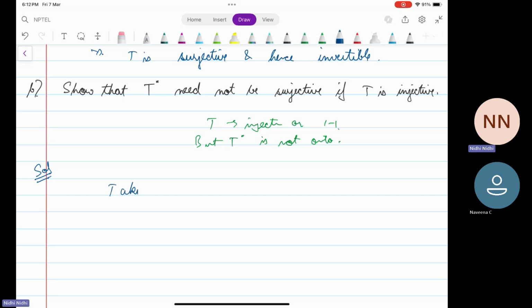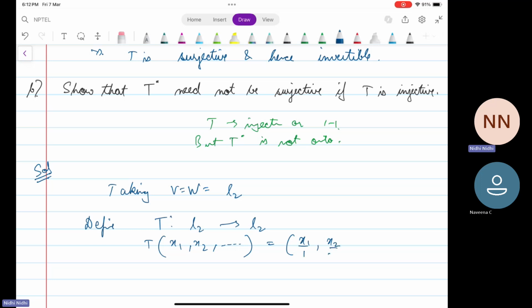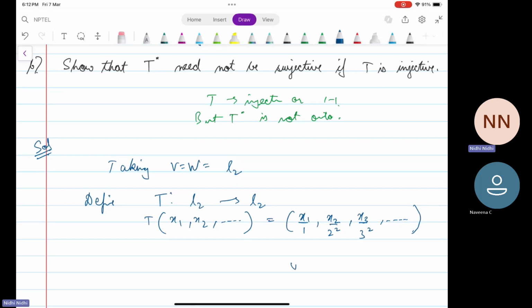Taking V and W to be equal to the l2 space. Now define T from l2 to l2 such that T of (x1, x2, and so on) is equal to (x1/1, x2/2 squared, x3/3 squared, and so on) for every x equal to (x1, x2, and so on) in l2.